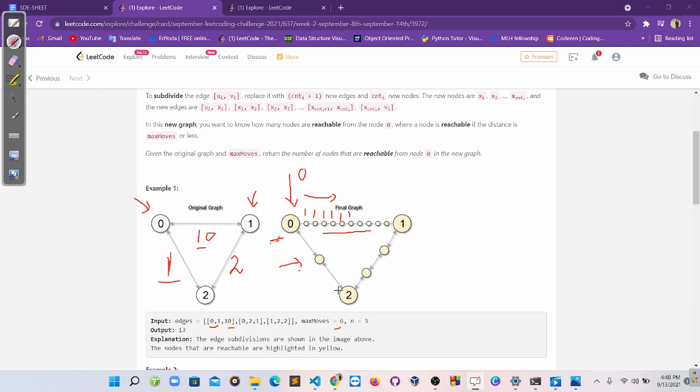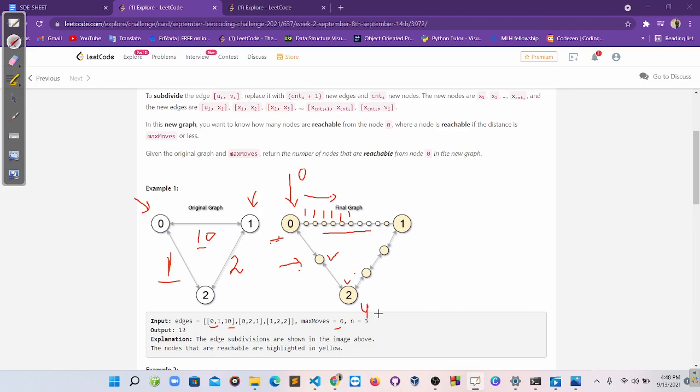Now from 0 to 2 we actually have only one node here, so we also have to consider the end node as well. If we come to this, from the total 6 moves we traveled 2 from 0 to 2, and the remaining is 4.